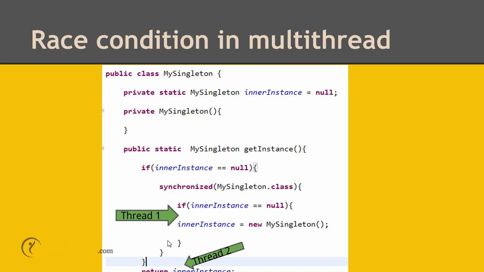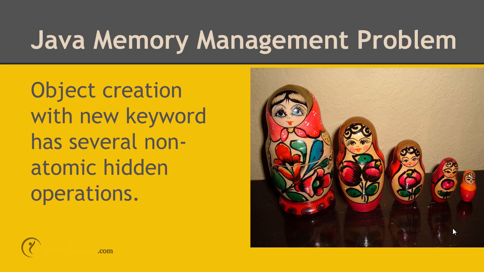Now let's inspect this problem. This problem is caused by the details of memory management in Java. Object creation with the new keyword has several non-atomic hidden operations, so it is not a simple single operation. It has multiple detailed operations that are hidden from us.